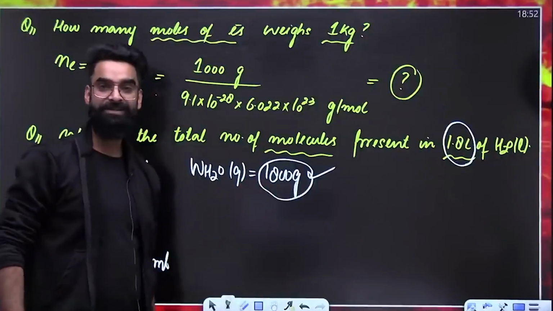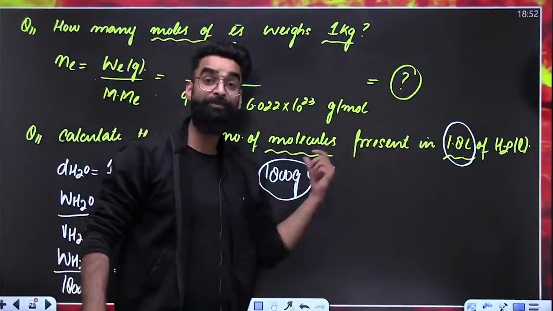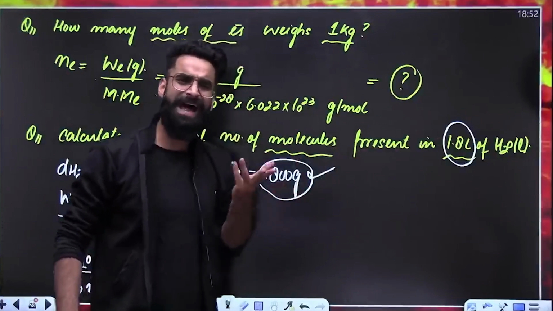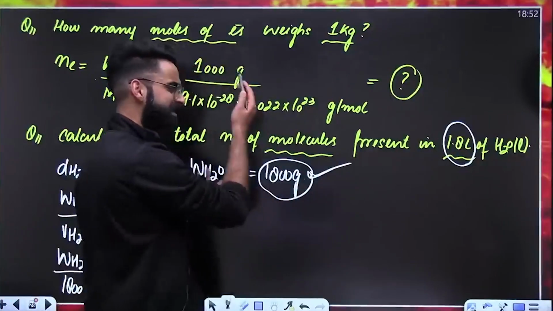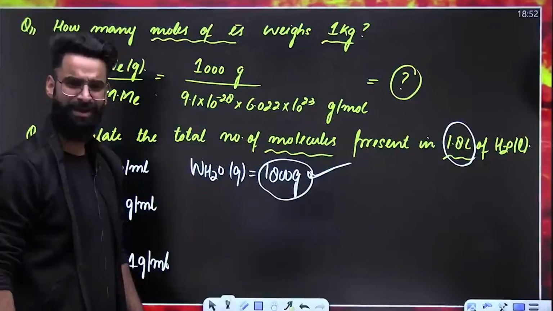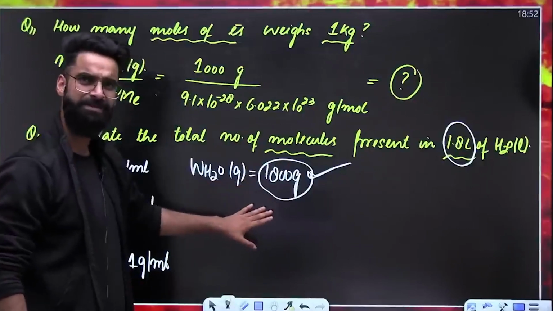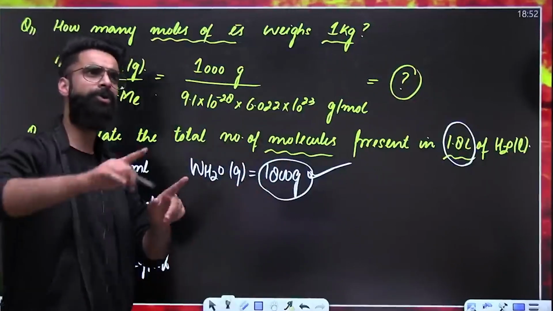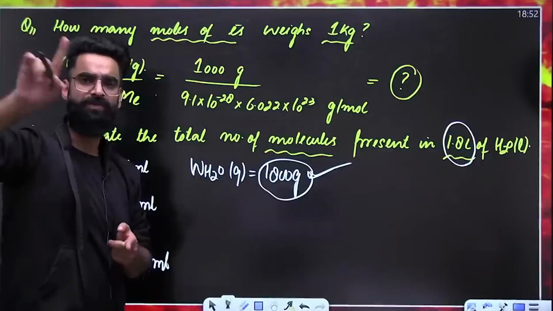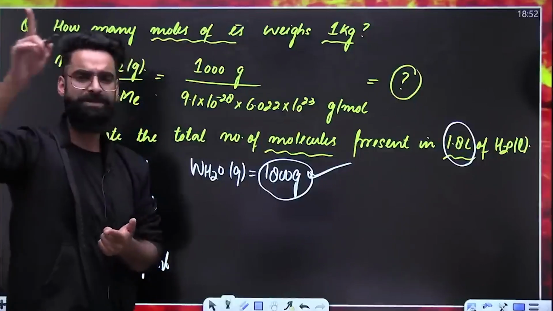Now, dear students, we converted volume into mass. Imagine we are given the mass of a substance and we have to calculate molecules. How do you convert mass into molecules? First mass into moles, then moles into molecules.